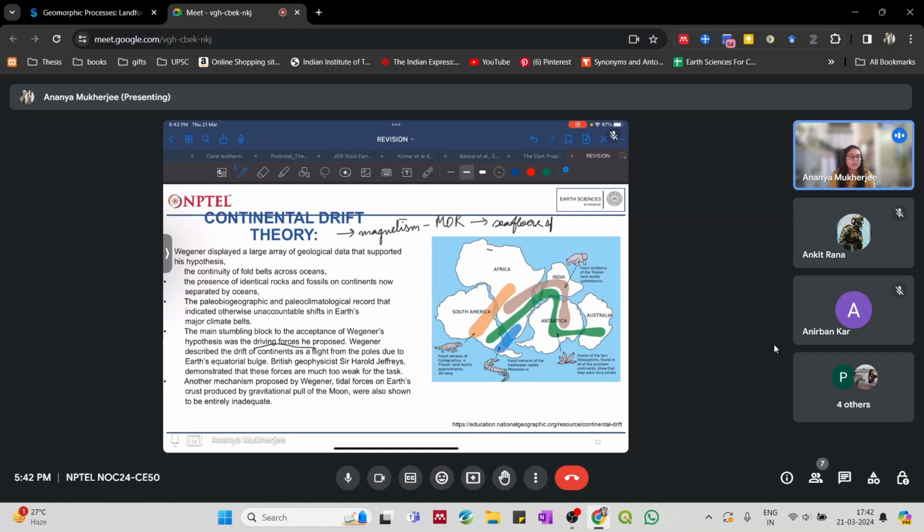What they said was that the movement of the continents away from each other was compensated by the creation of the mid-oceanic ridges, with sea floor spreading moving the continents away. This was a very rough understanding, and obviously it has been modified over time. But the continental drift theory is the base of all the future plate tectonic theories that were brought forward.